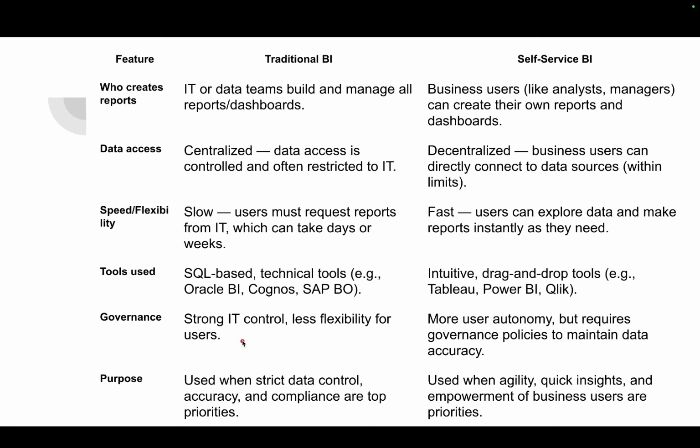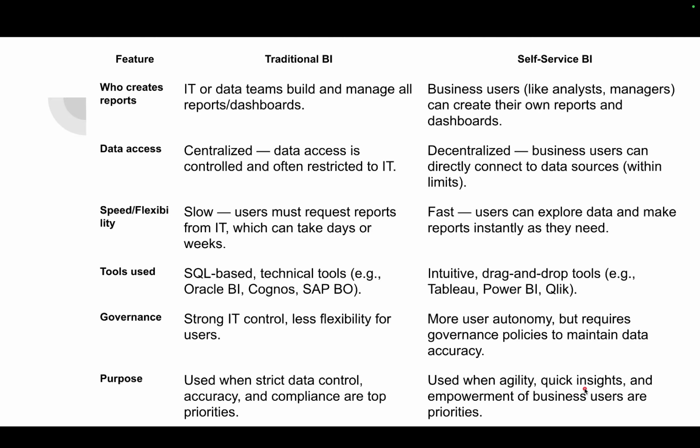Governance was very strong and IT controlled in traditional BI, but in self-service BI there is more user autonomy, though it requires some kind of governance. The purpose of traditional BI, let's say if you are working in an organization, is data control. If you don't want to share your data with anyone else, you can use this strict data control of traditional BI. But here you have agility, right? And quick insight.